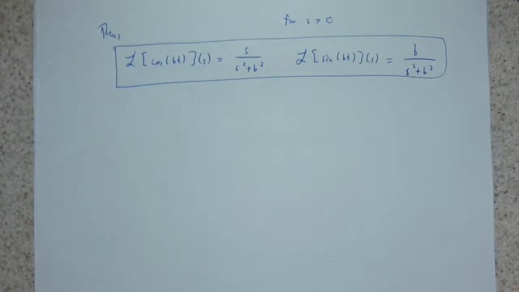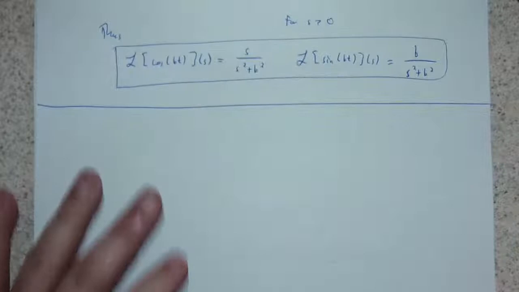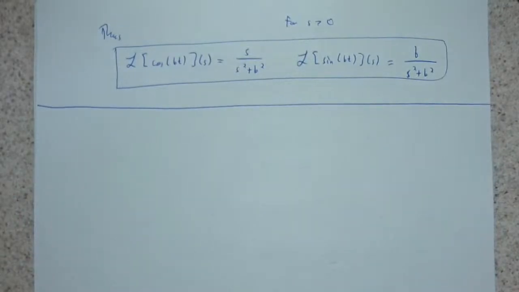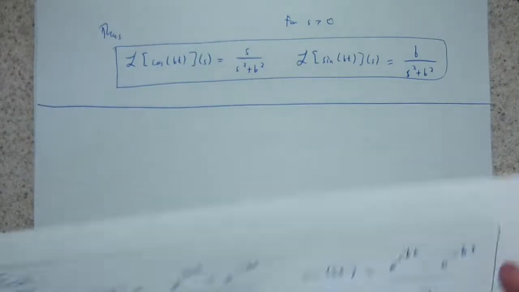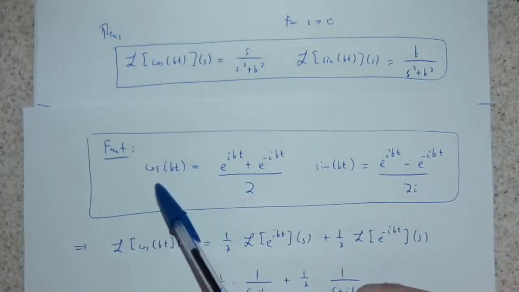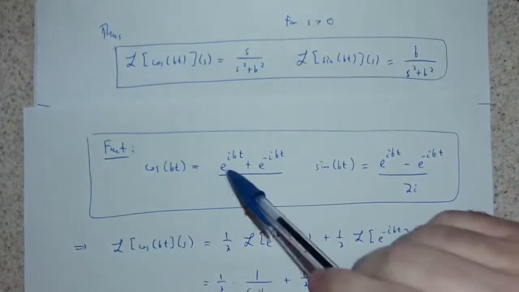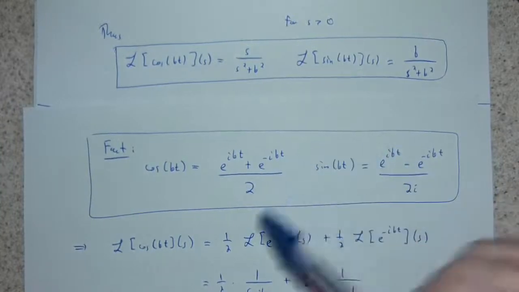And this also hints to what it is we're actually going to be doing, which is using these properties. Let's do another expression here that is actually hinted at by this fact that we used these relationships between cosine and sine, and e to the ibt and e to the minus ibt. So we have these weird relationships.